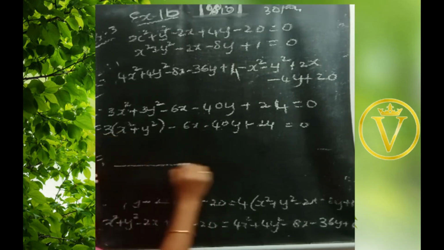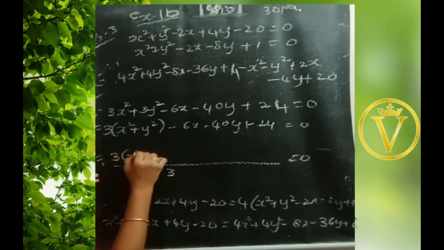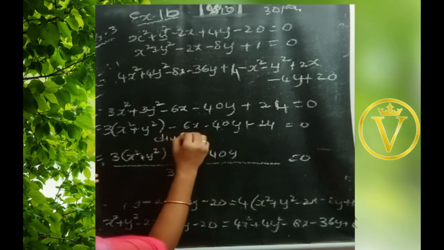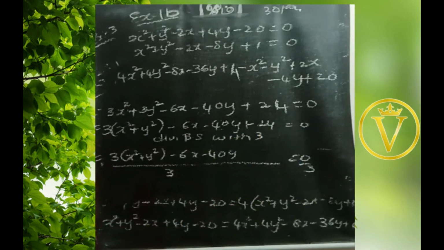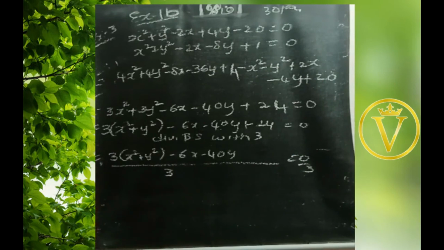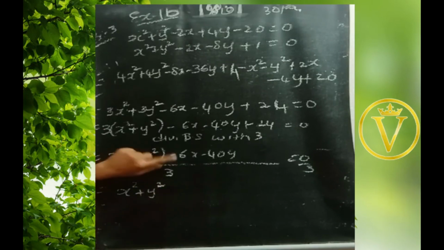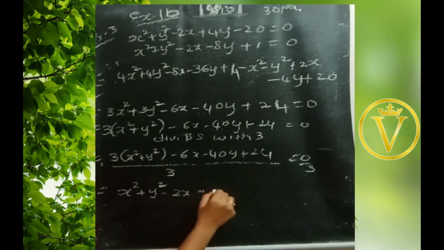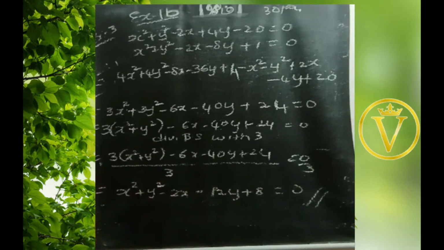To prove that, I am dividing both sides by 3. Zero divided by 3 will be 0 only, don't get confused. Because to prove that we are solving this, you will get x square plus y square. Here 3 will get cancelled, 3 2s are 6, here plus 24. So 2x minus 12y plus 8 equals 0.